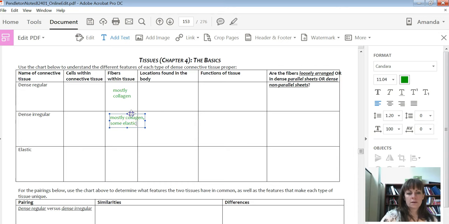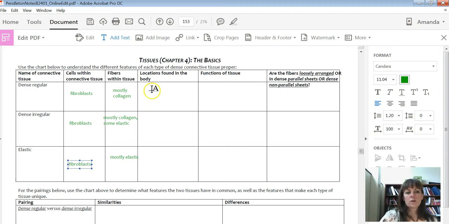And then elastic tissue, it's going to be predominantly elastic fibers. Okay. If we have fibers, then what does that mean about cells? Well, that means we need to at least have fibroblasts within all of these tissues, because we can't get a fiber unless a cell makes it.